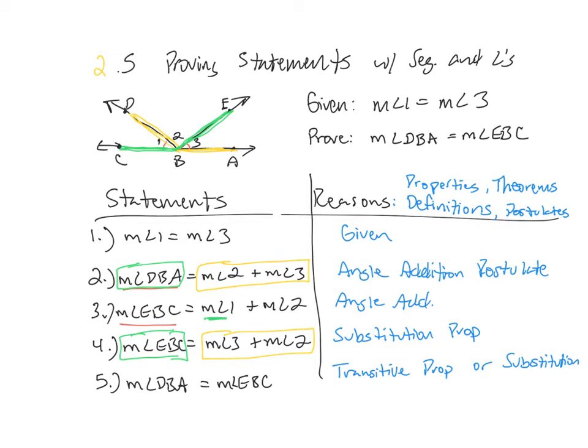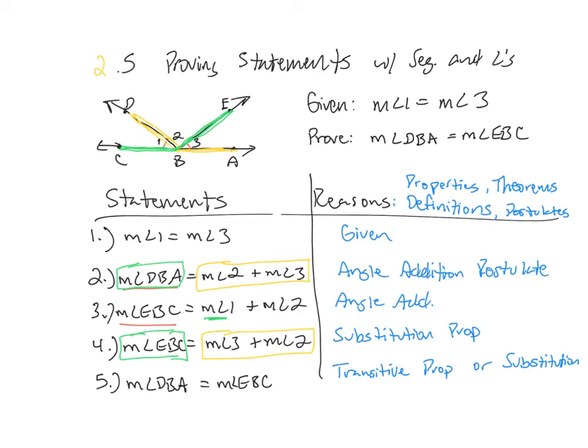It does make sense to me. So sometimes when you put transitive property, you can write substitution. But when you're supposed to write substitution, you cannot write transitive property. So it's kind of a different thing.